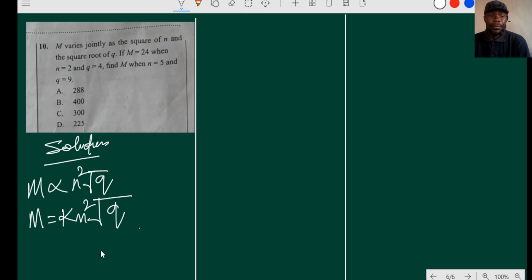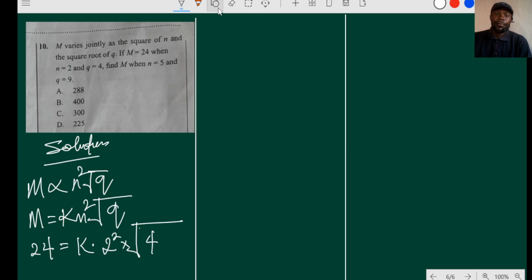So if m is 24, we don't know k. When n is 2 squared times the square root of what is q? 4. You have 24 is equal to k dot 4 dot 2.